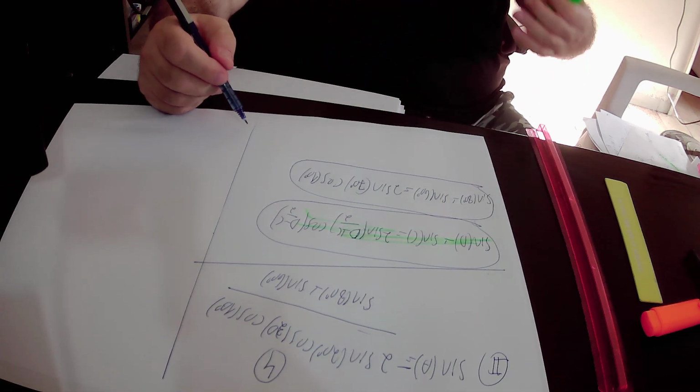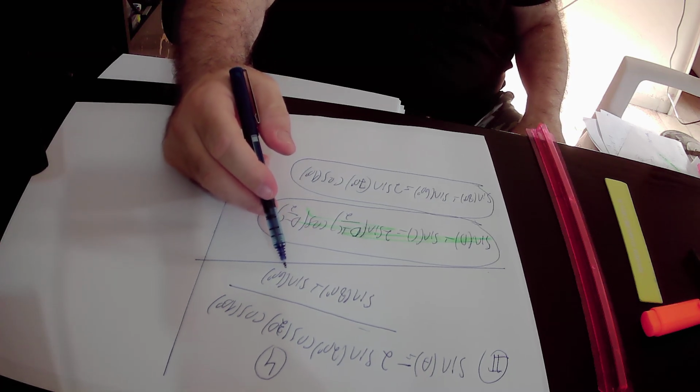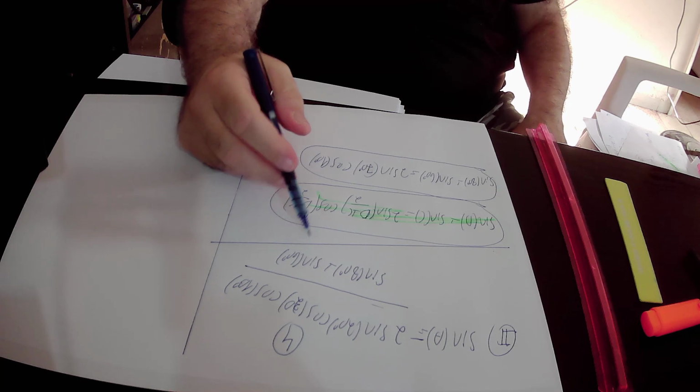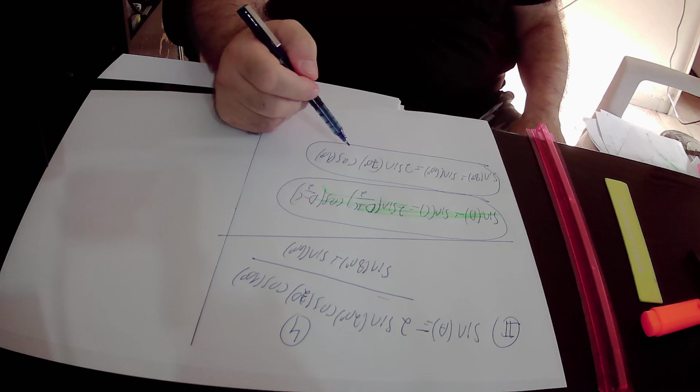In the next step, we will substitute sine 80 degrees plus sine 60 degrees in equation number 2 by 2 times sine 70 degrees times cosine 10 degrees.